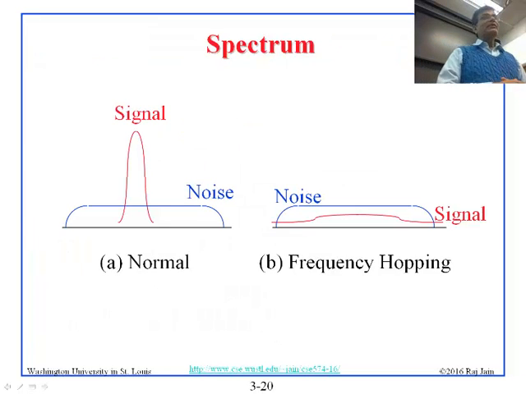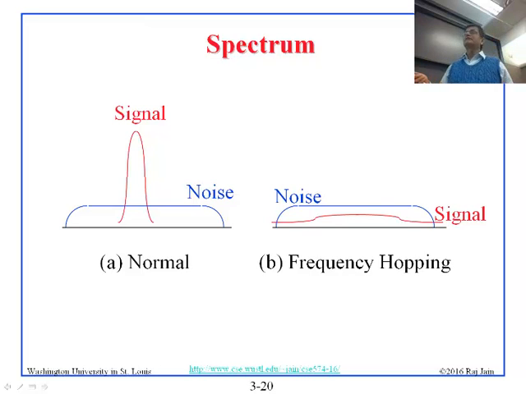All right. But if you were to plot the signal over a long time, normally the signals in a frequency look like this. They are at one frequency and the noise is everywhere. Signal is at one frequency and the noise is everywhere. But with frequency hopping, the signal is also everywhere.